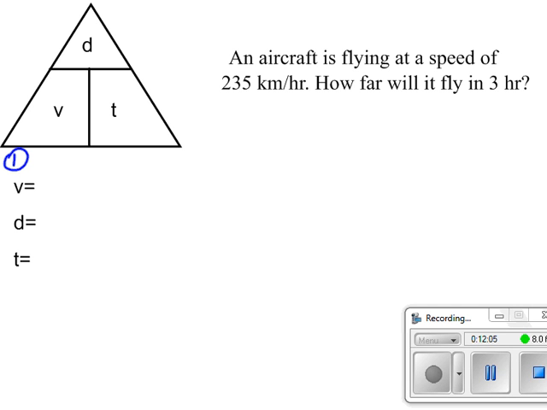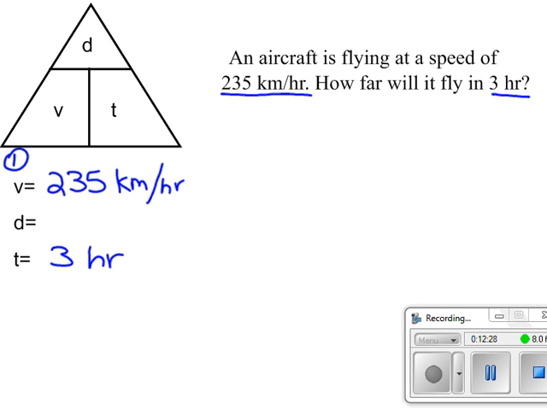And if I look at my first number, 235 kilometers per hour, that is a velocity measurement. So I'm going to write that out. And if I look at my second number, 3 hours, and that's a time measurement, which leaves me with distance. So now I'm trying to solve for distance.